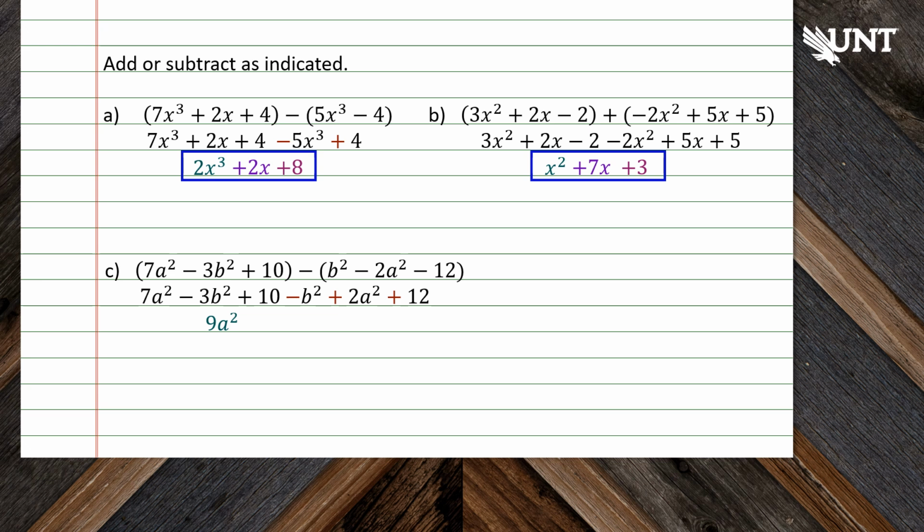Well, negative 3b squared minus 1b squared. Since they have the same signs, we add and keep the sign, and it will make it minus 4b squared. And then finally, we have our constants. 10 plus 12 combines to give us 22. Our final answer is 9a squared minus 4b squared plus 22.